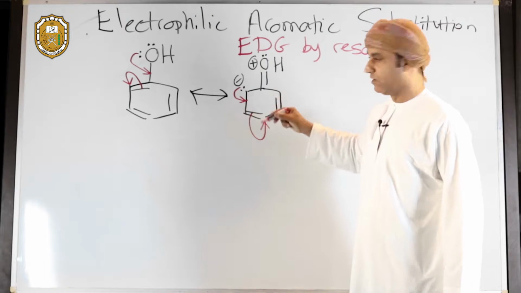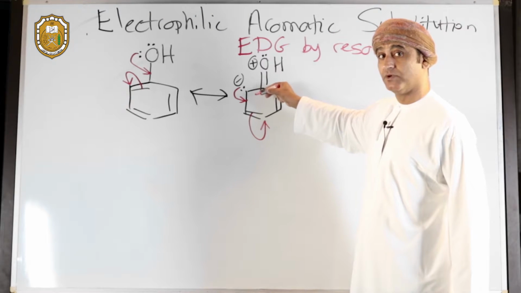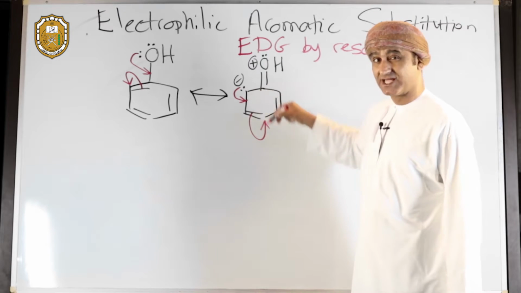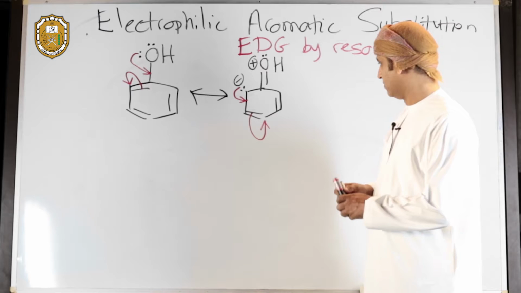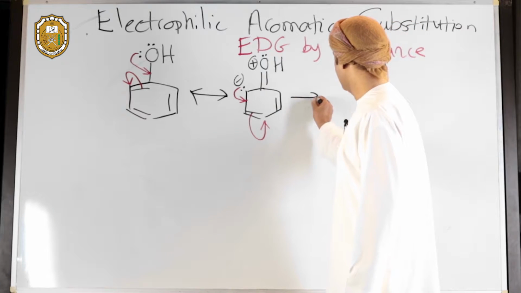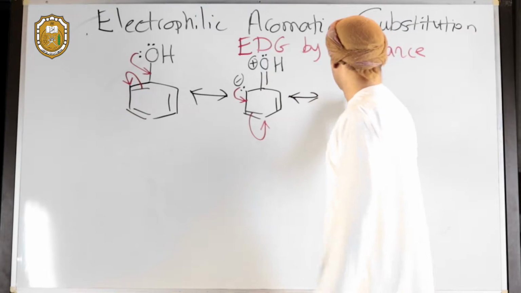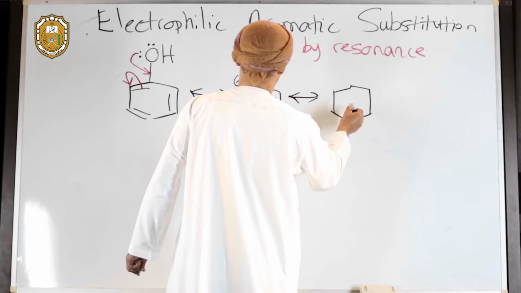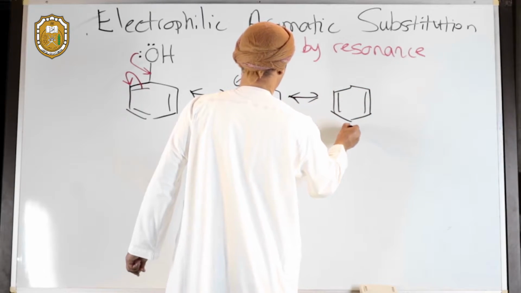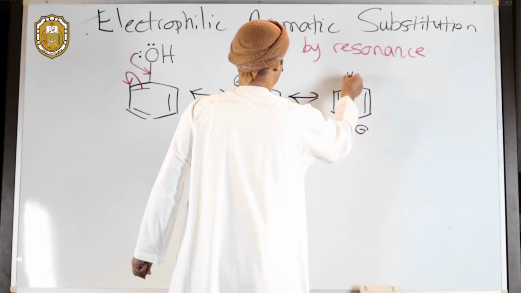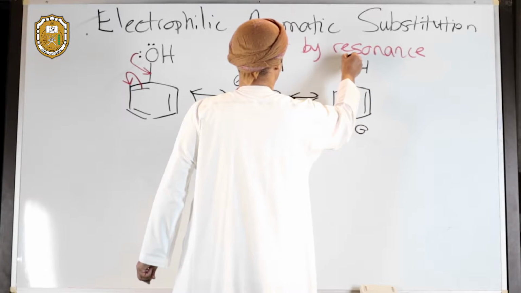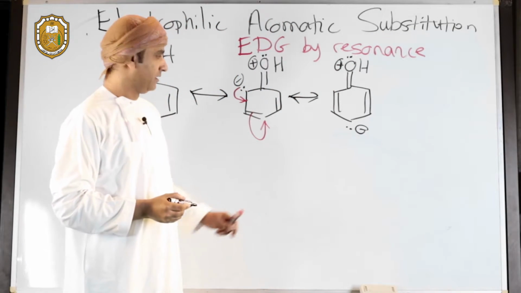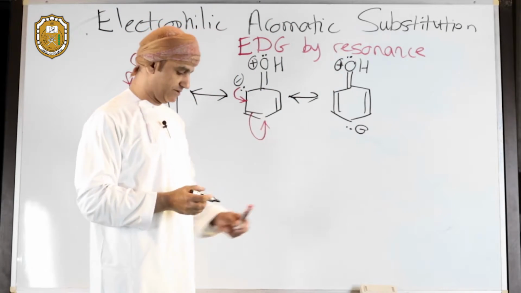by taking that lone pair and making a double bond here, and consequently breaking this carbon-carbon double bond. This will give us another resonance form where it has a lone pair or 2 electrons on that carbon.